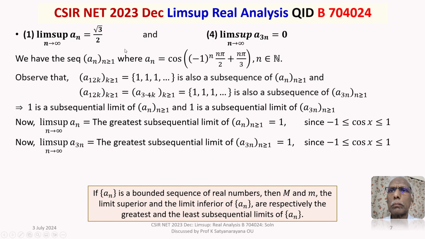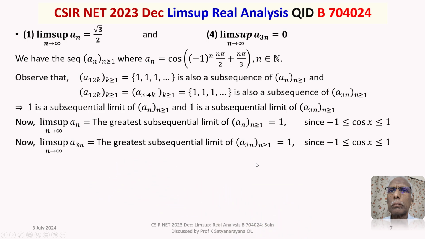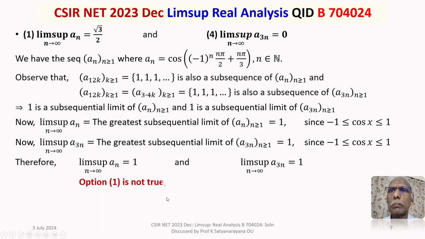But it is given to be the limit superior of the given sequence root 3 by 2 and the limit superior of a_3n is 0. And therefore, limit superior of a_n is 1, limit superior of a_3n is 1. Therefore, your options 1 and 4 are not true. Agreed.